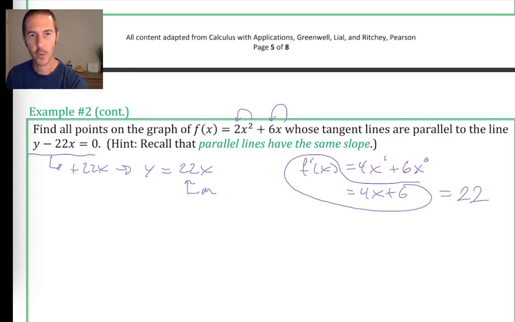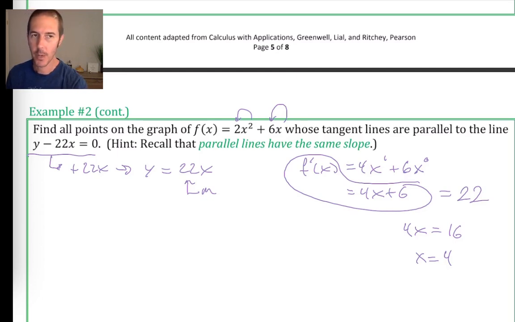Let's solve this equation for x. Subtract 6 from both sides. Divide both sides by 4. There will be a tangent line to the original function at the point where x equals 4.